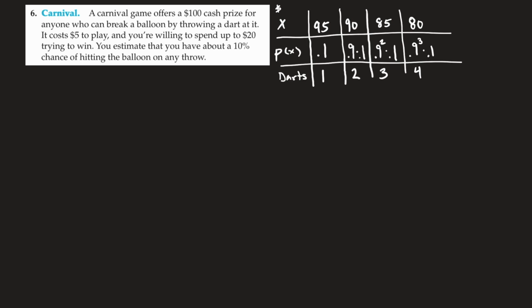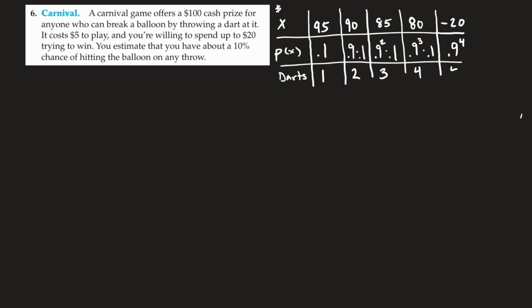Now, if you're paying attention, if you're checking your work, you know that this doesn't come close to adding up to 1. Right? Some of you have already thought about this. There is the other option when I lose the entire time, meaning I don't pop it on any dart. So I missed it 4 times.